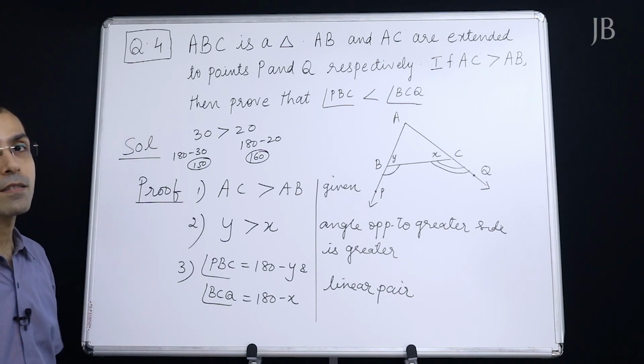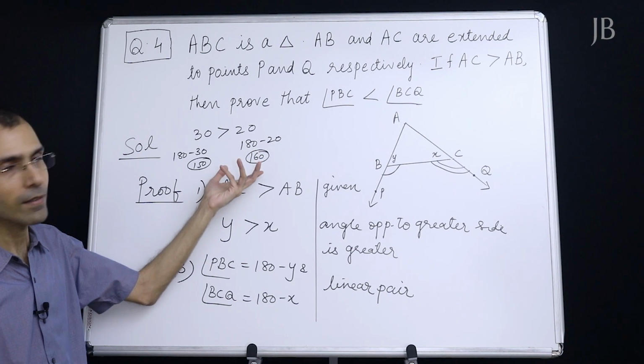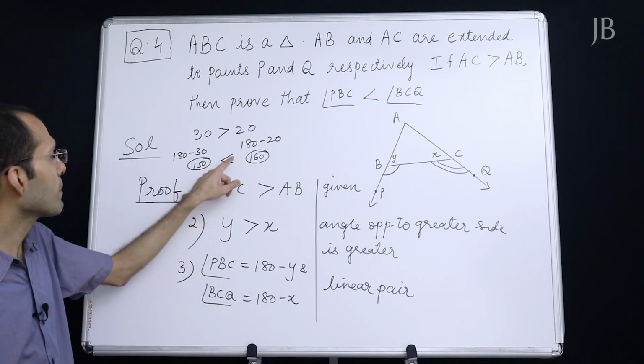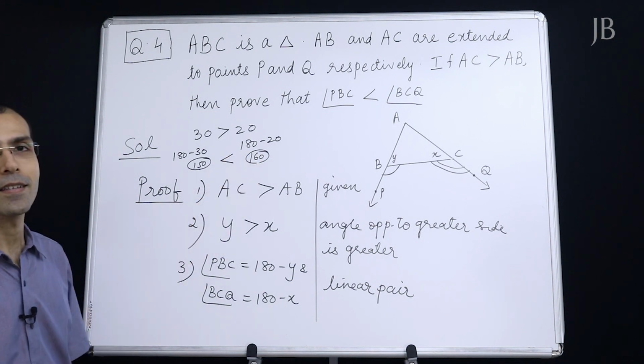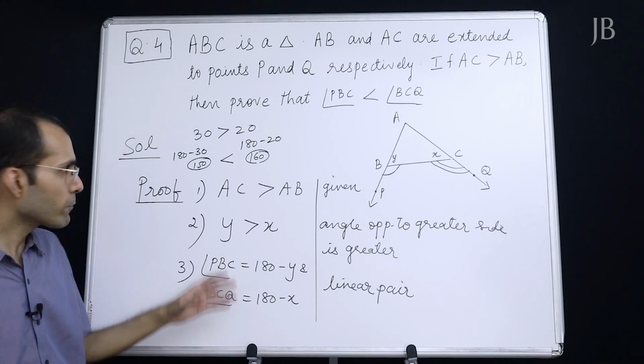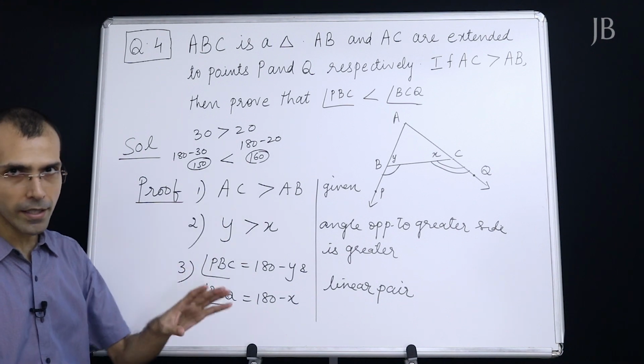Now who is greater? 150 or 160? 160 is greater. So the inequality will go like this. The open mouth will go towards 160. Automatically the inequality has reversed. We have not done any manipulation. 30 greater than 20, agreed.